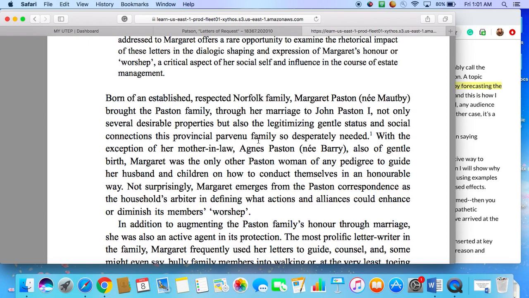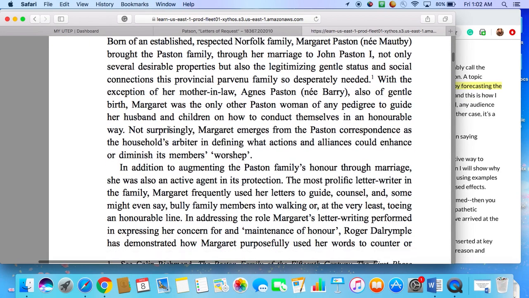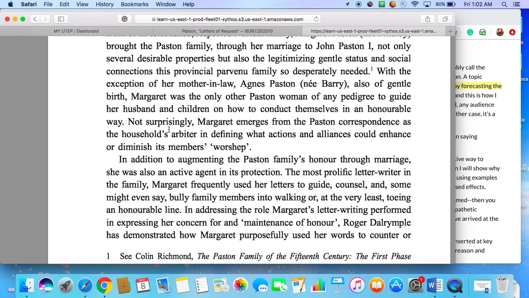With the exception of her mother-in-law, Agnes Pattenson, also of gentle birth, meaning not high class, Margaret was the only other Pattenson woman of any pedigree to guide her husband and children on how to conduct themselves in an honorable way. Not surprisingly, Margaret emerges from the Pattenson correspondence as the household's arbiter in defining what actions and alliances could enhance or diminish its members' worship.